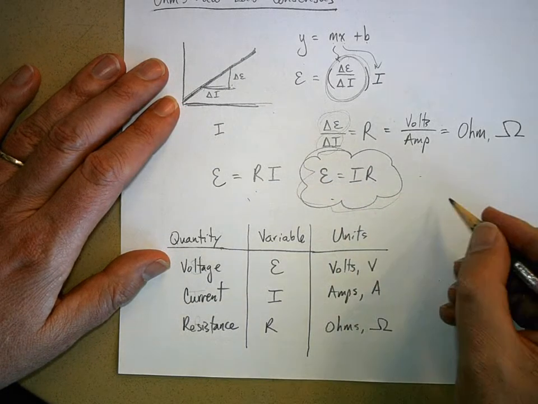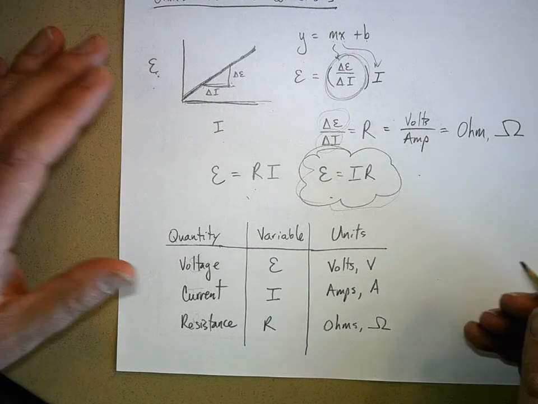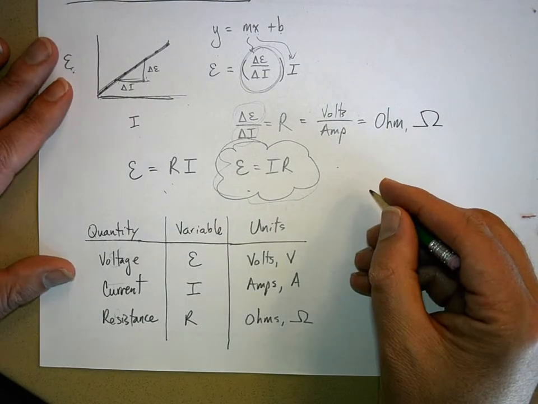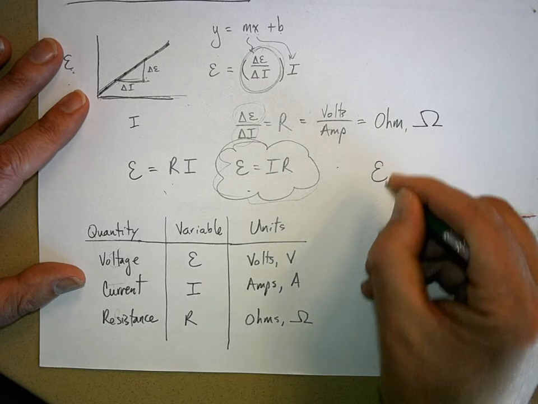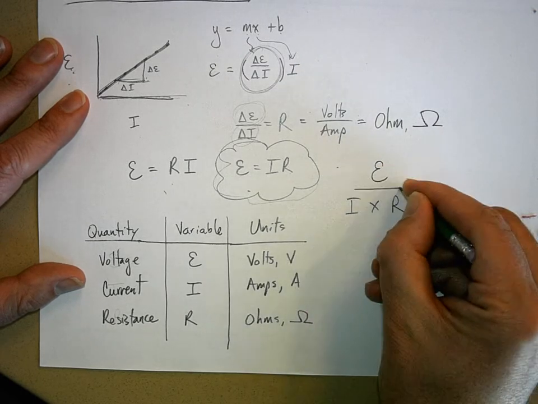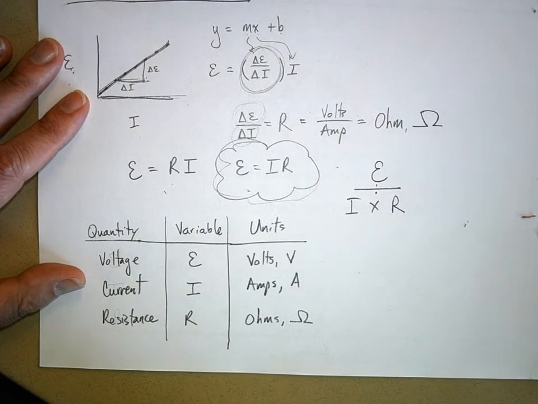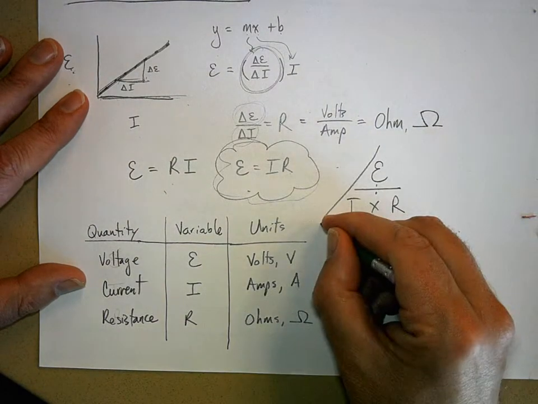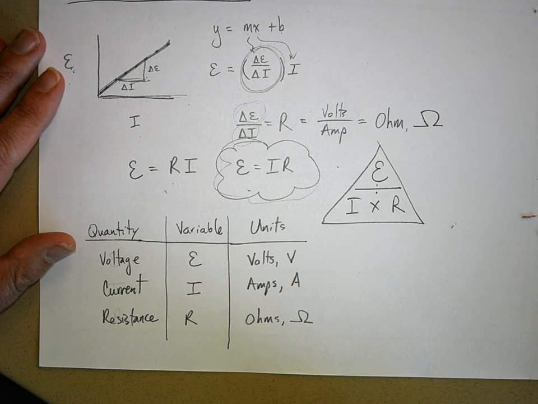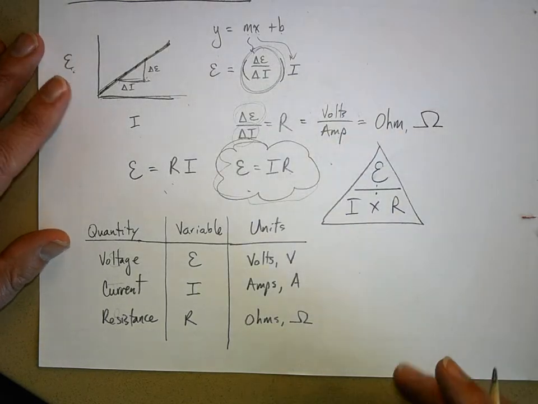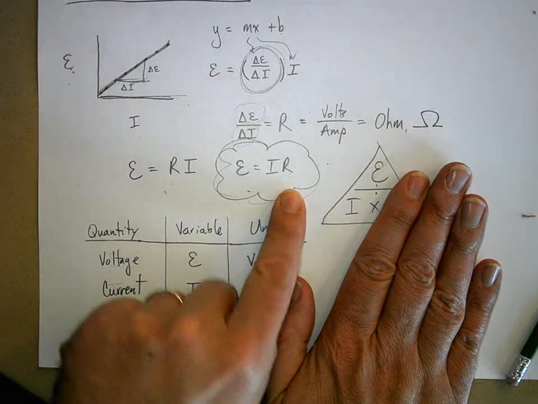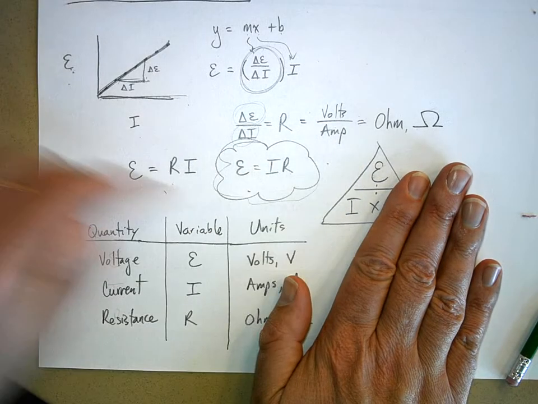Now remember, you can make one of those little triangle things that help you remember. Have you seen these before? They sometimes do them with density and other equations. What if I want to find resistance? Resistance equals voltage divided by current.